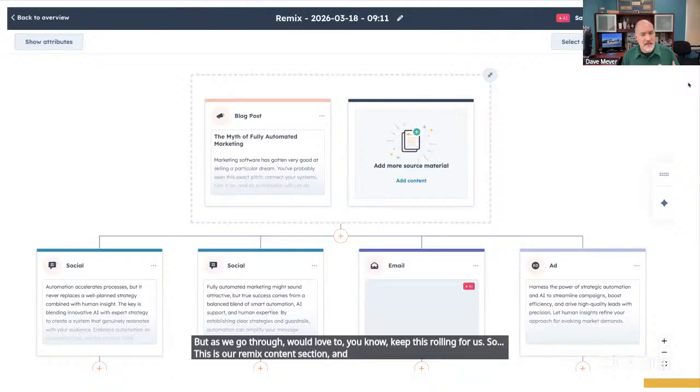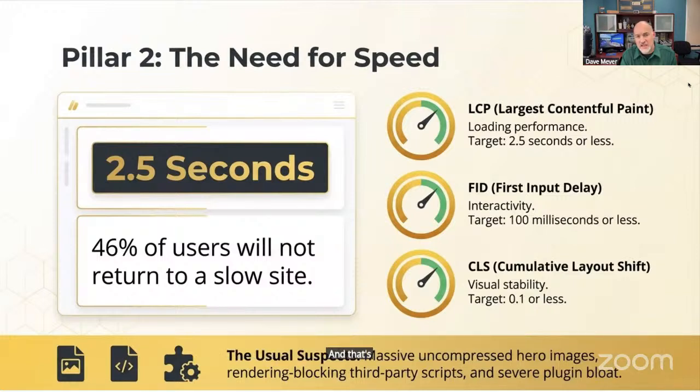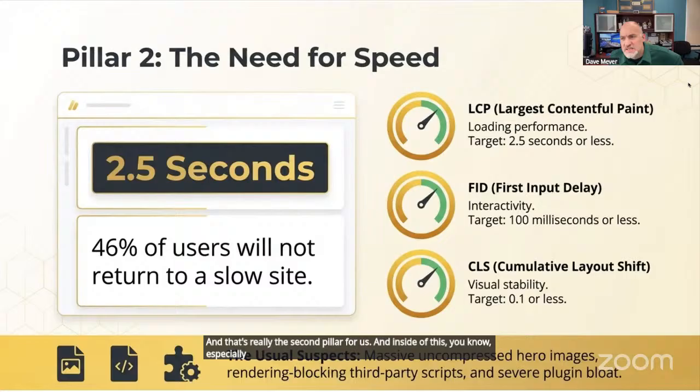If you've remixed your content and you have a lot of items out there, the next thing you want to do is optimize for speed. That's really the second pillar for us. Especially in some of the clunkier CMSs, it's real easy to build content in WordPress, for example.